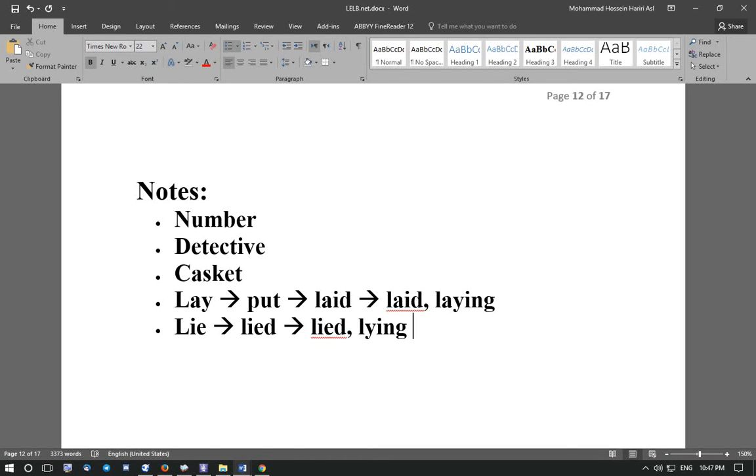You can compare actually the first row with the second row, and to complicate it even more, we have another lie as a verb, which means recline. That's why we have lie down, for example, on the sofa. Okay, so the conjugation of that, or inflection of that, is rather different, because the simple past tense of lie, which means recline, is lay.